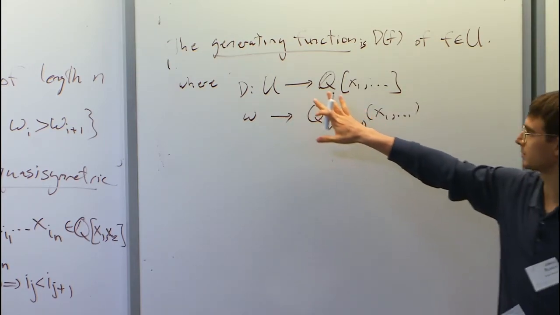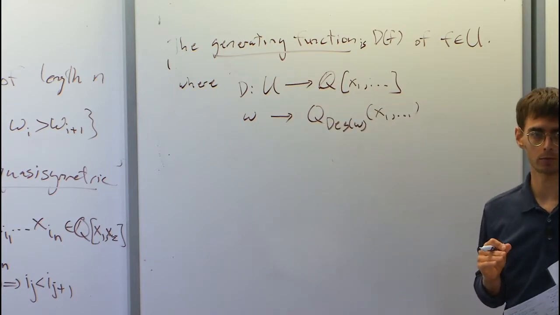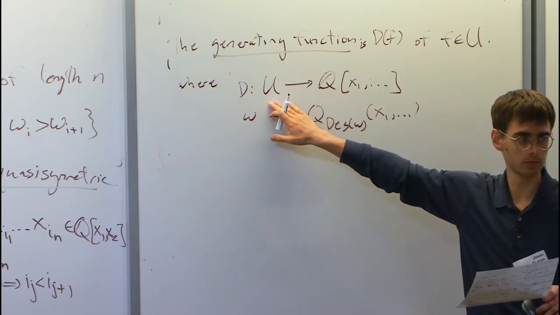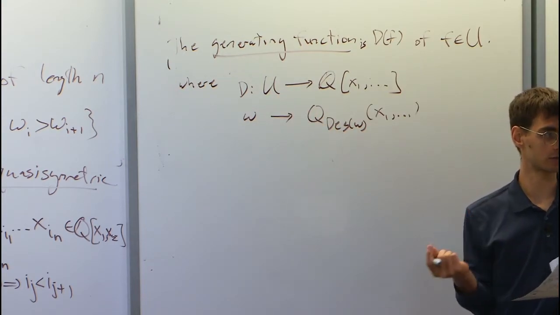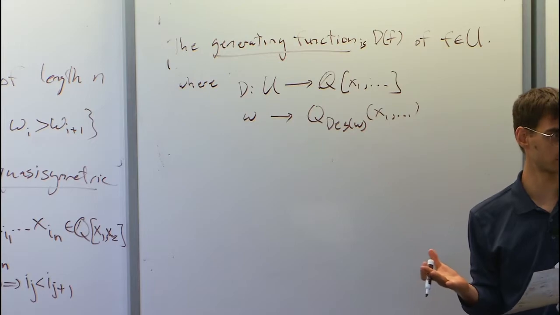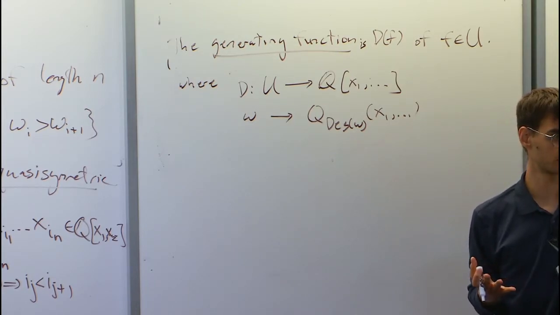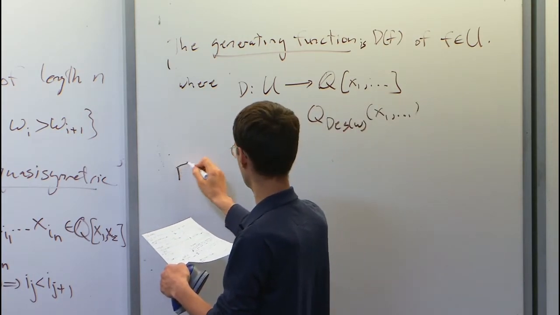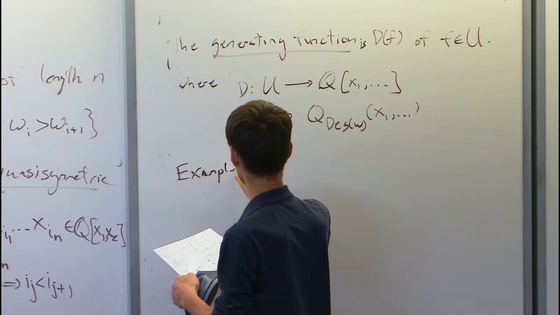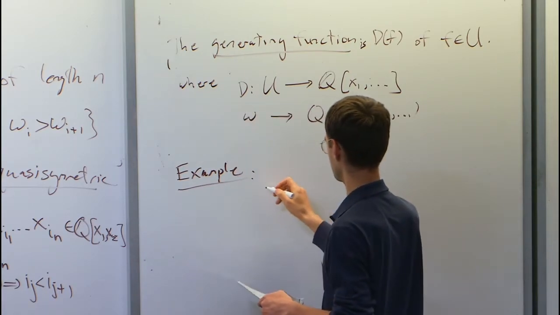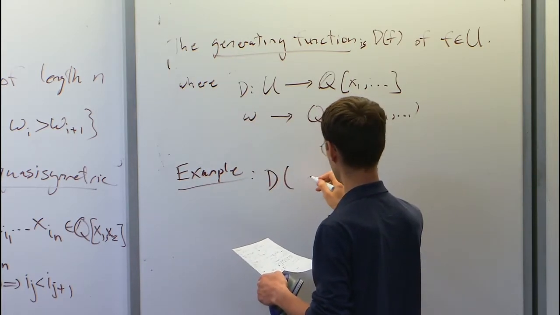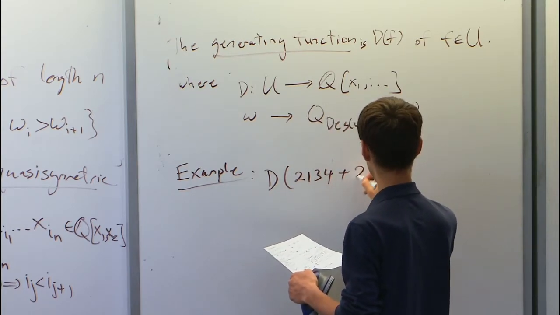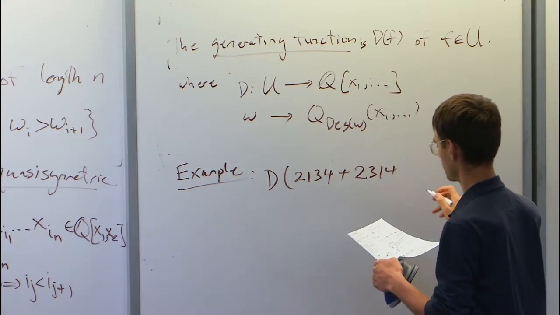I just extend this map linearly. So I have some sum of words in my algebra U. For each word, I look at its descent set and build a corresponding quasi-symmetric function, and then I sum them up. That's what this generating function is. So for example, let's take D of the following sum of words in a Knuth equivalence class.